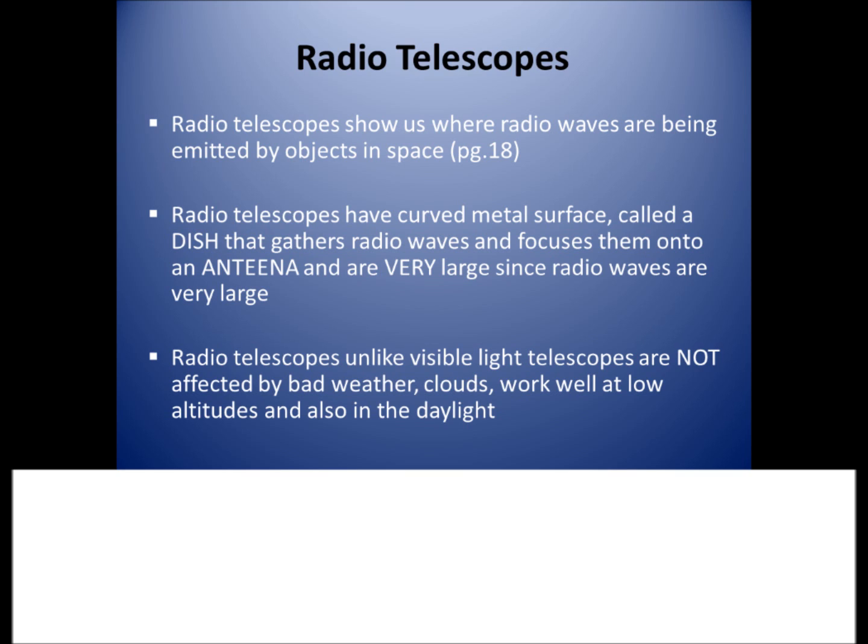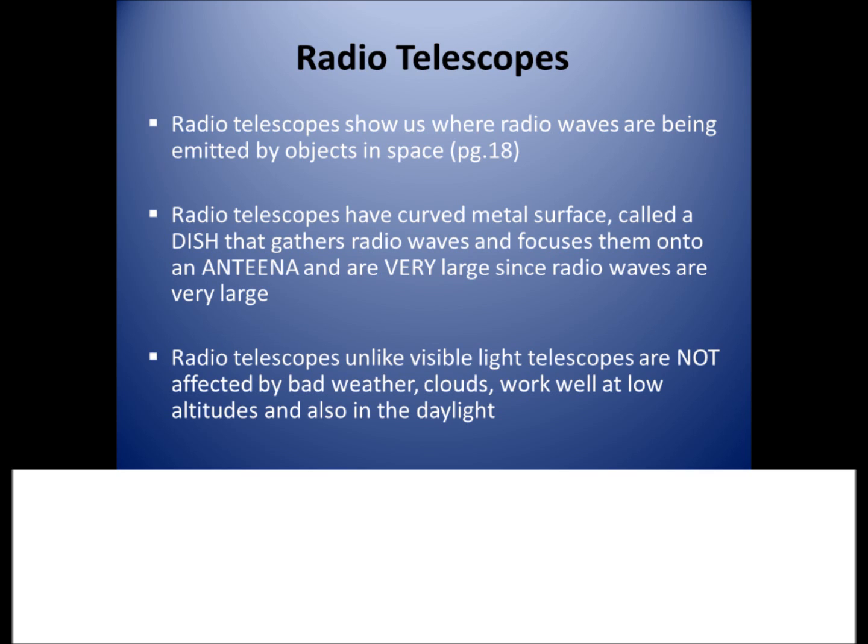It tends to have a huge curved metal surface called a dish, which is used to gather radio waves and focus them onto the antenna. They're very large because, remember, radio waves have very long wavelengths. So the radio telescope itself needs to be very large in order to detect these long incoming radio waves.